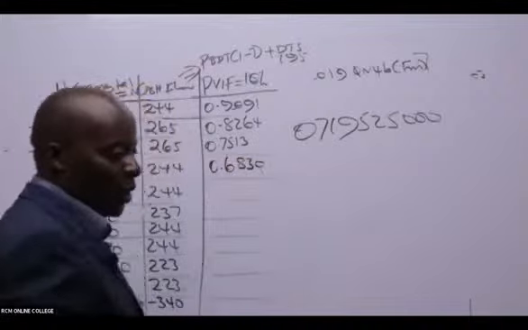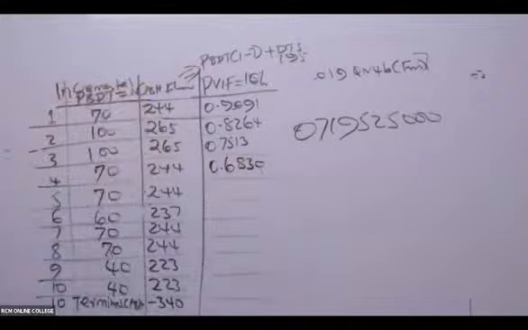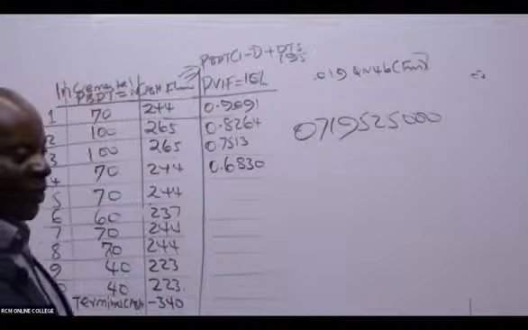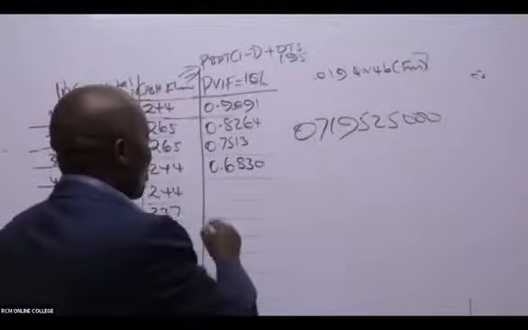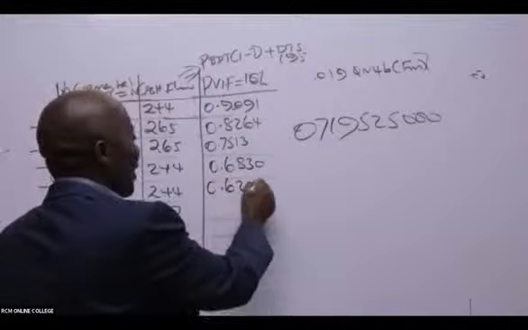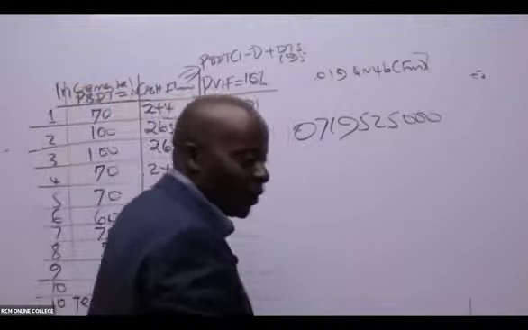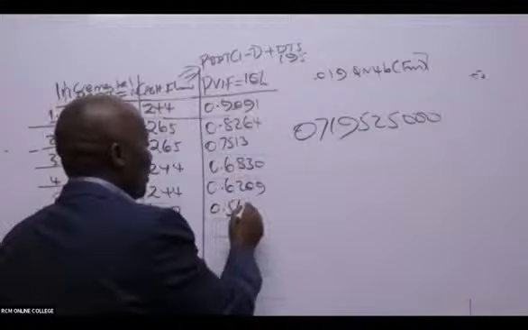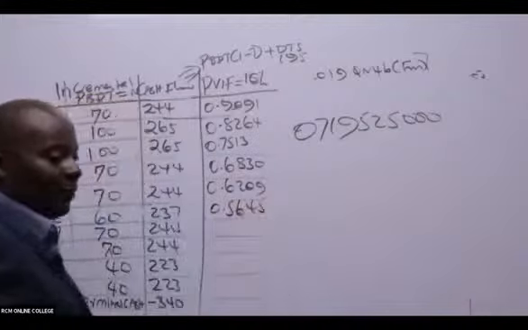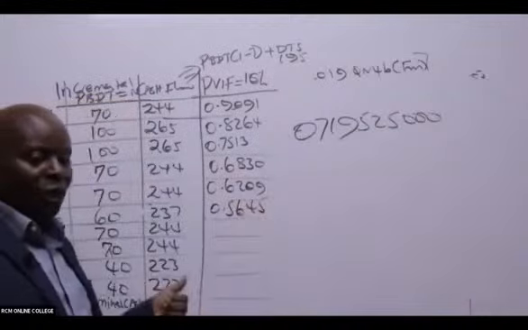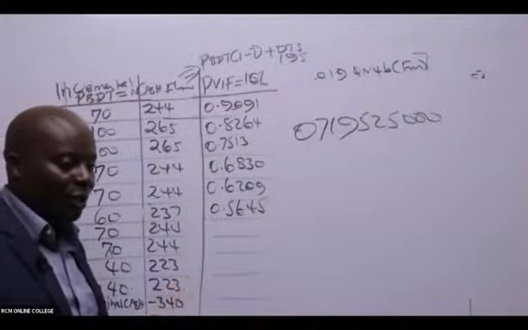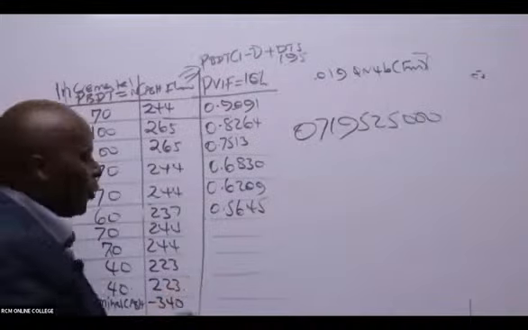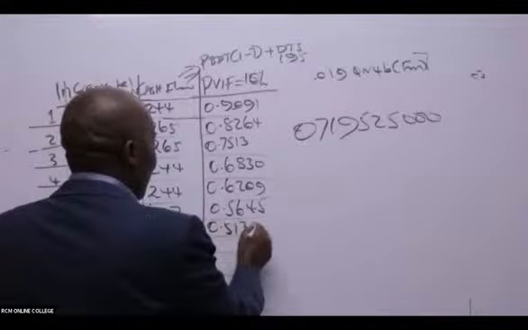From there, we go to year five: 0.6209. Then 0.5645. Thank you so much. Then 0.5132.